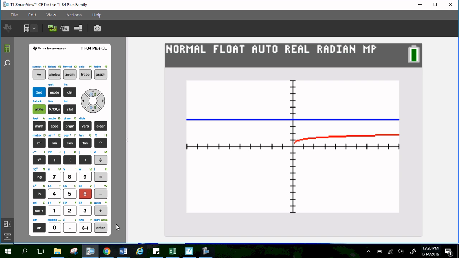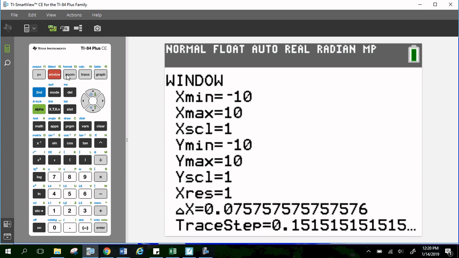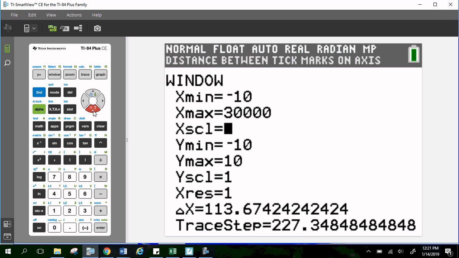And so on that, there is a hint to count by 5,000s. So I'm going to change my window, and we just need to change X. Go to our X max, and we're going to change it to 30,000. And we're going to change our scale to go by 5,000s. You don't have to do that. It just makes the graph look a little bit better. So we're going to graph that.